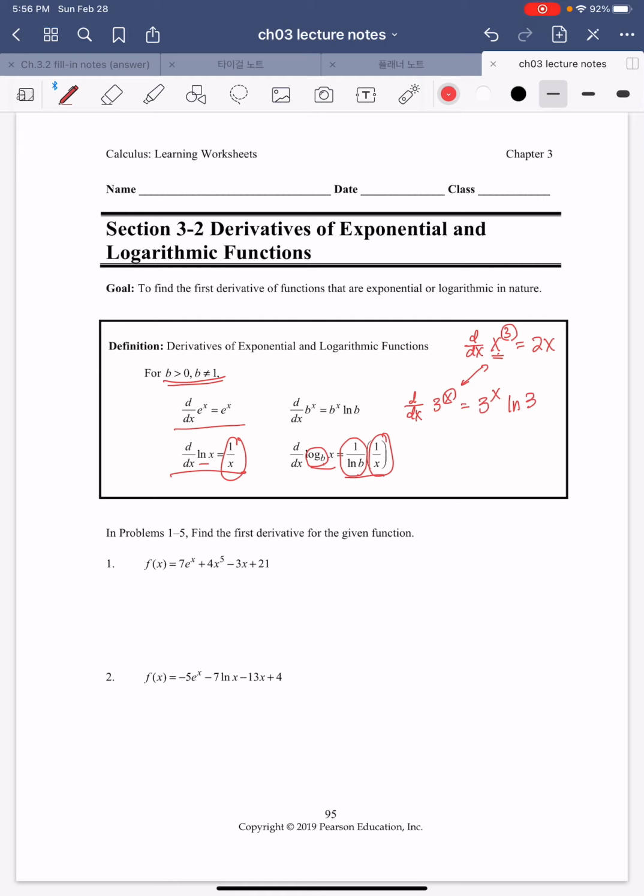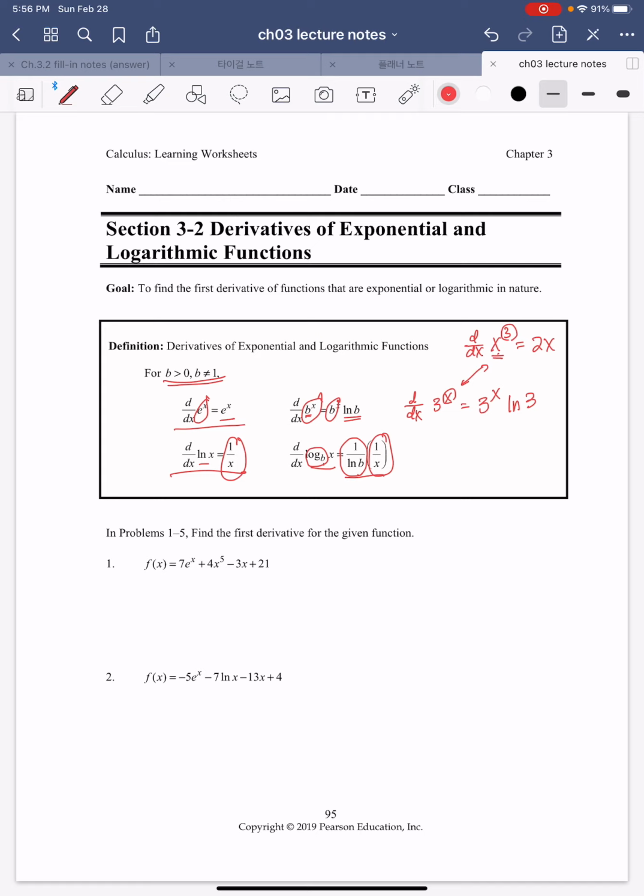Ln is particularly log of base e. Same thing, e to the x, so b to the x with the ln b, because b can be any number. So we will be using these formulas to help us take the derivative. This section is just drilling, practicing derivatives of these exponential and logarithmic functions.